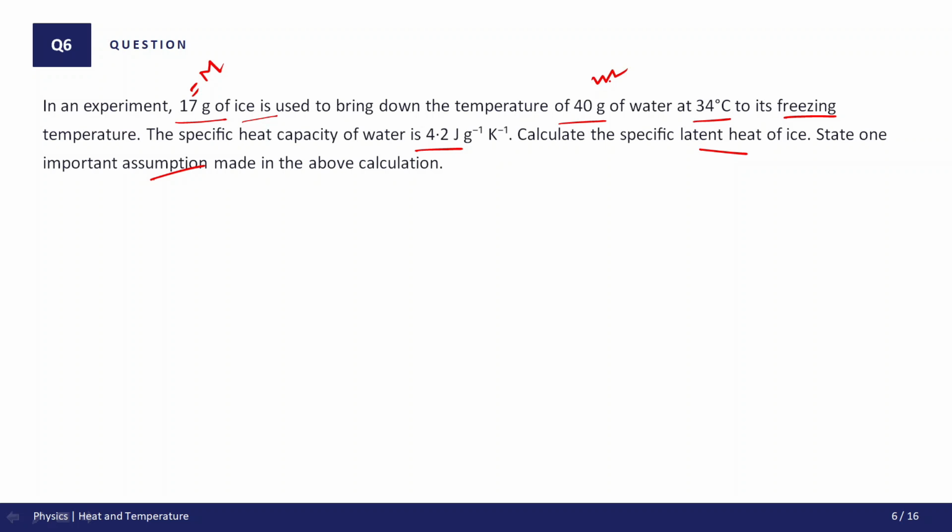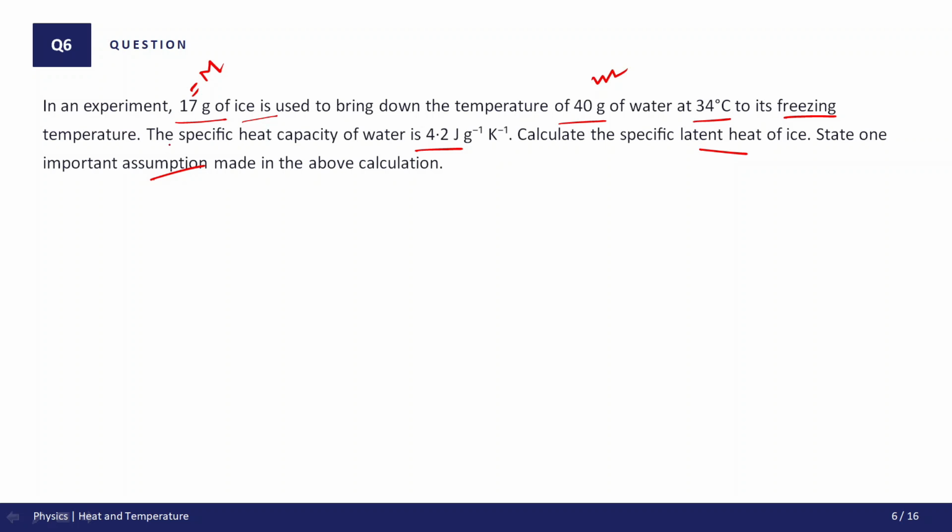I mean net gain equal to net lost. So according to that, the cold ice at 17 grams gains the heat energy to change its temperature, and 40 gram of water changes its temperature.